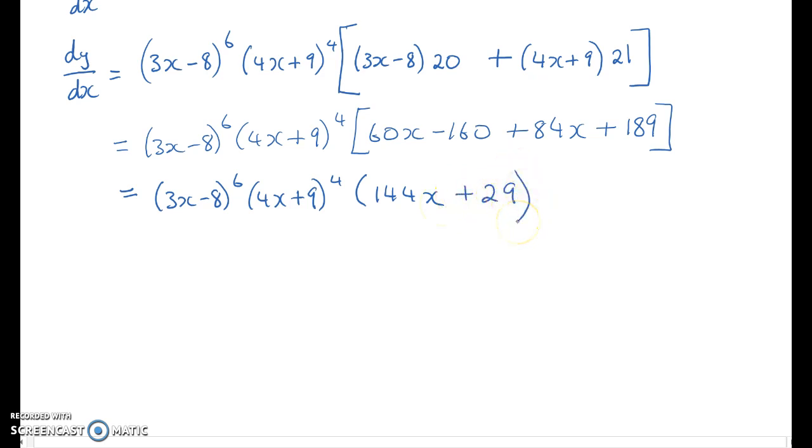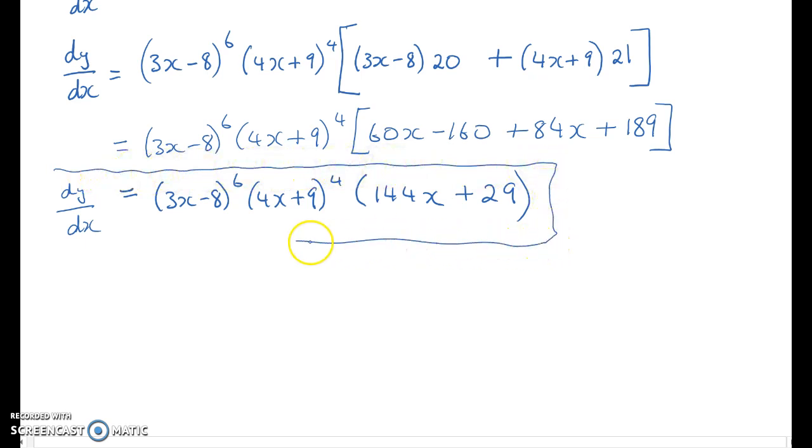And we can't simplify it any more than that. So dy/dx is equal to (3x minus 8) to the power of 6 times (4x plus 9) to the power of 4 times (144x plus 29).